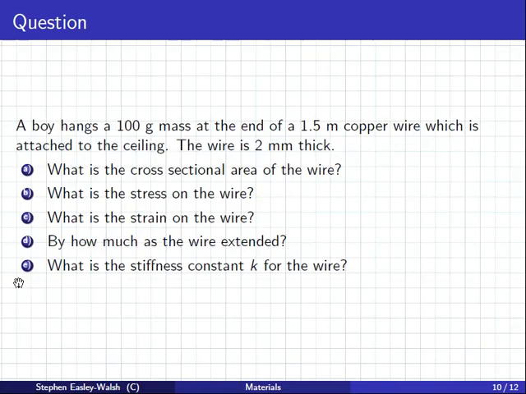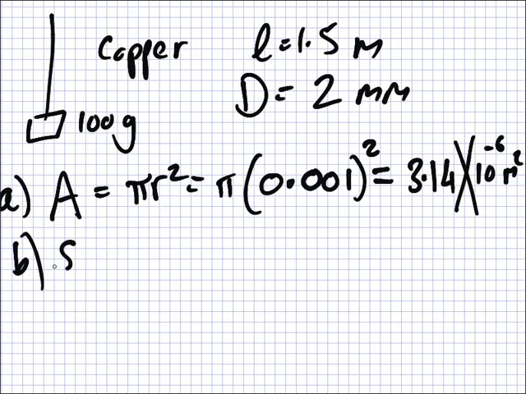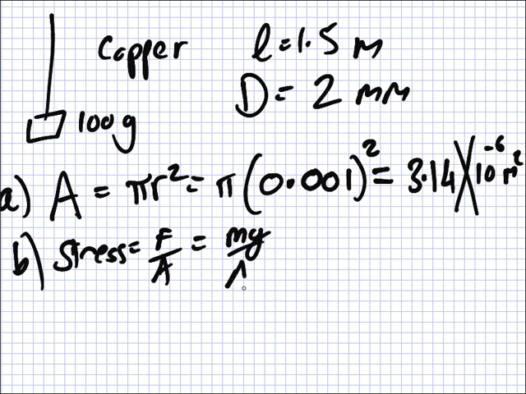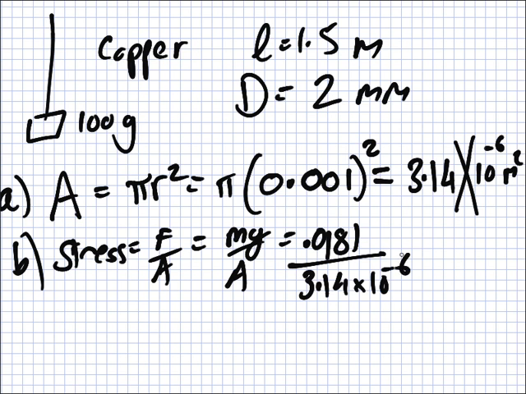B: What is the stress? What's the formula for stress? What type of force is this? Gravity. 0.1, so that's 0.981 over 3.14 times 10 to the minus 6.